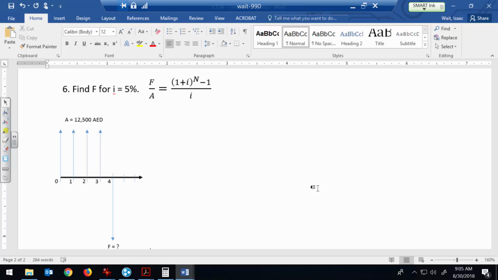What an F/A operation does is it translates some amounts a certain number of years into the future. So we've got 1, 2, 3, 4, and 0, of course. So we've got all these 12,500s.